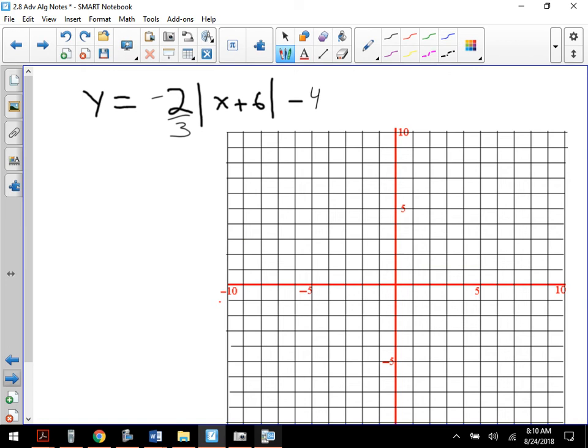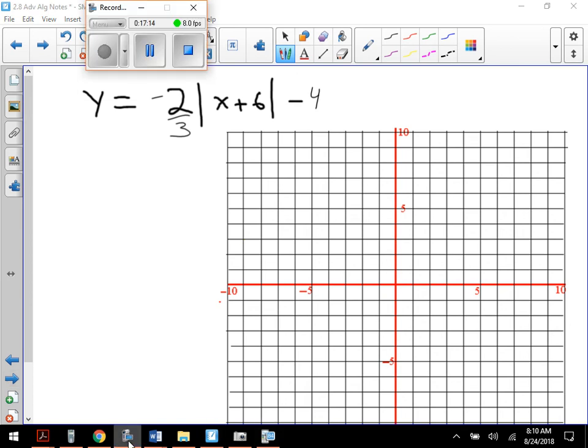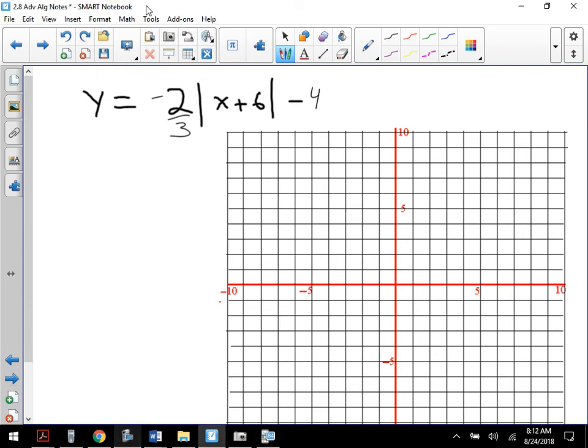-2/3 times the absolute value of x plus 6, all minus 4. What's your value of A?